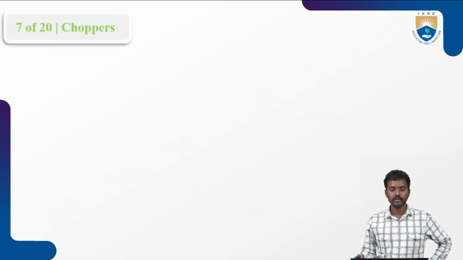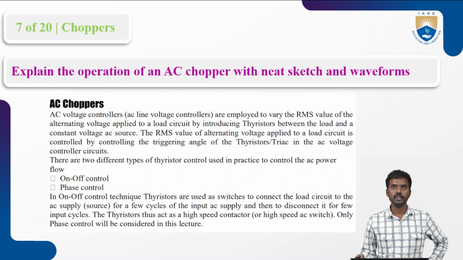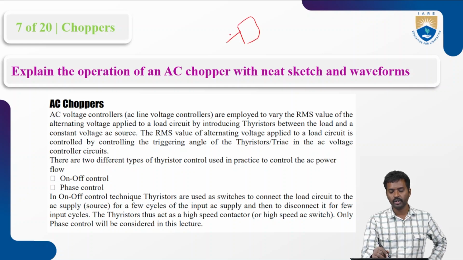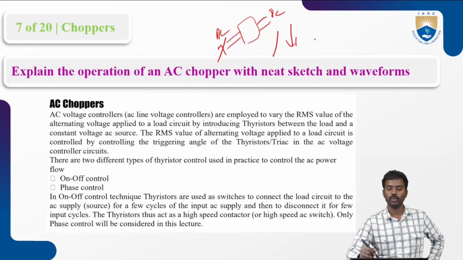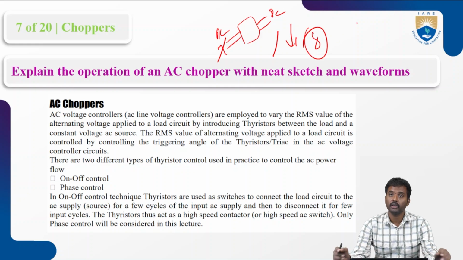And next, AC chopper. DC chopper means you get variable DC: you can increase or decrease the voltage by using the duty cycle delta, with a buck converter, boost converter, step-up chopper or step-down chopper.